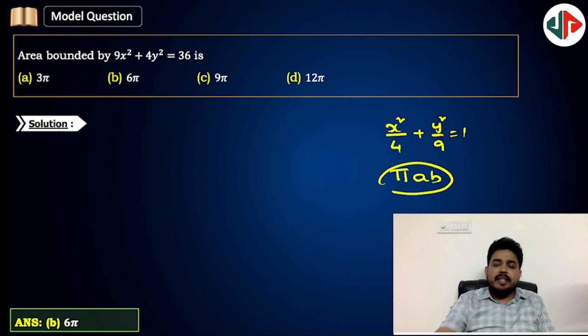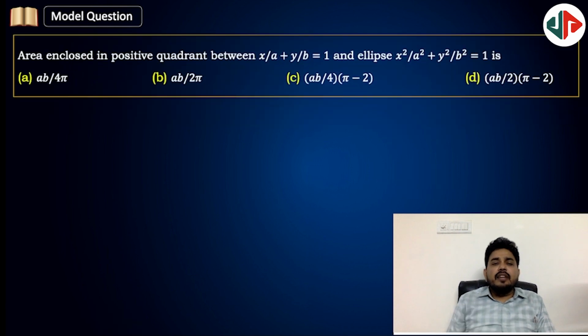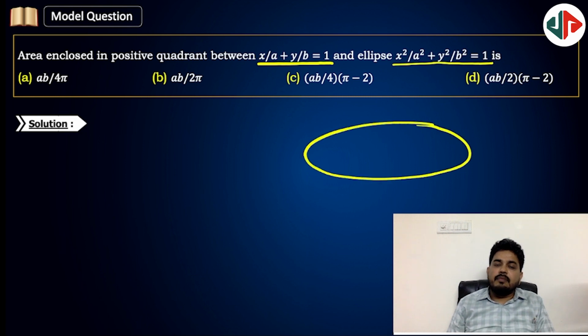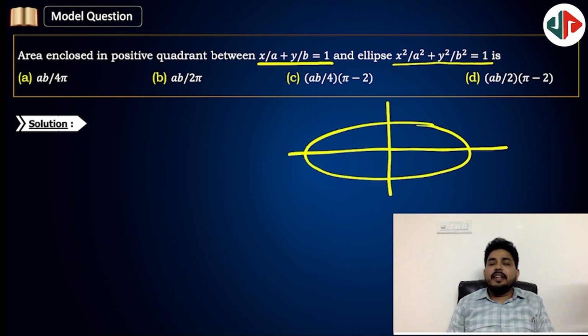Okay. Next question. The area enclosed in the positive quadrant by x by a plus y by b is equal to 1 and x square by a square plus y square by b square is equal to 1. So this is the ellipse, and I need this area enclosed between these two.